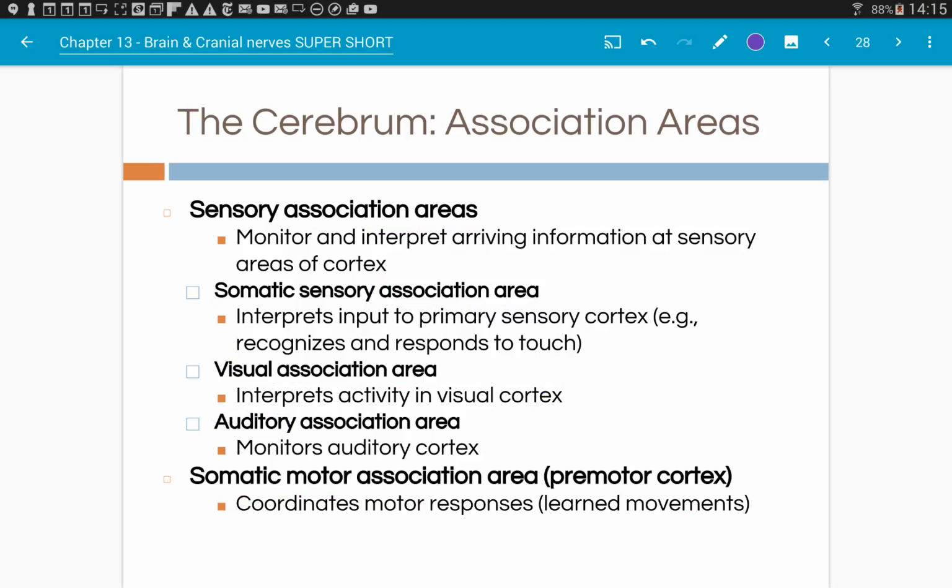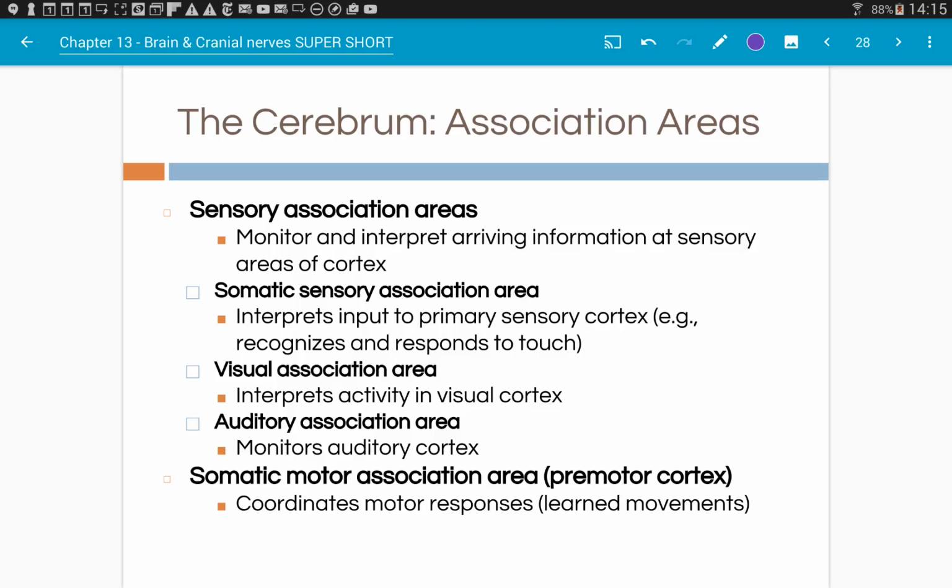With these association areas, we saw them on the previous picture. What they do is they monitor the information that goes to that sensory cortex region, and they interpret the information that was brought to the cortex.